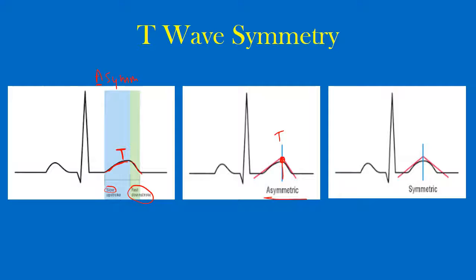If you look at the one on the right, here's our highest point, come down to the baseline. These are both symmetrical, both sides of the T wave. So these asymmetrical T waves tend to be normal, whereas if we see symmetrical T waves, these tend to be a sign of pathology.